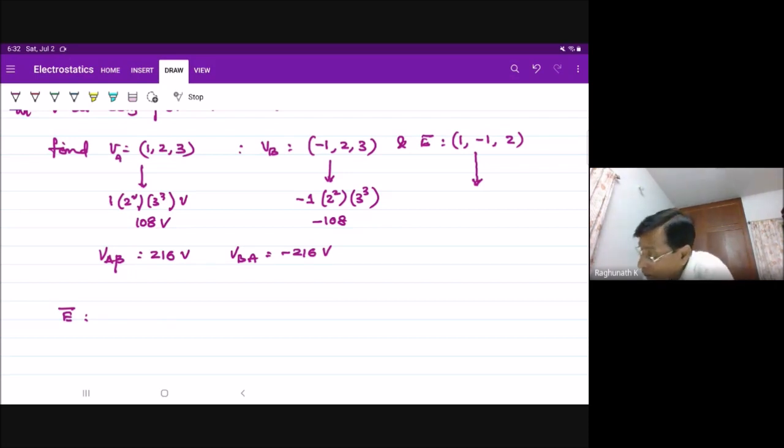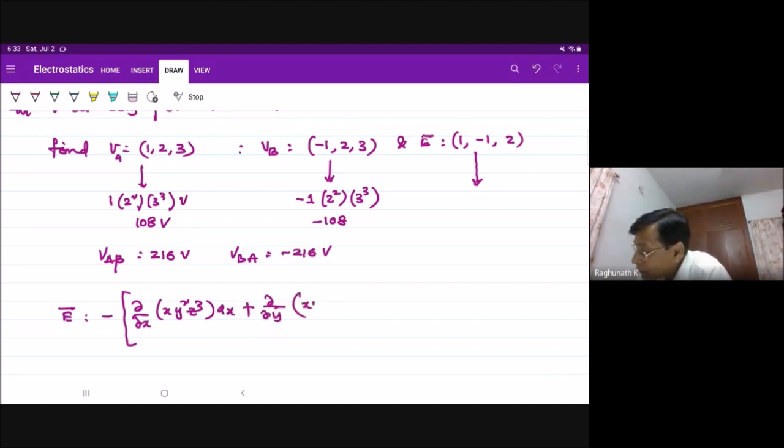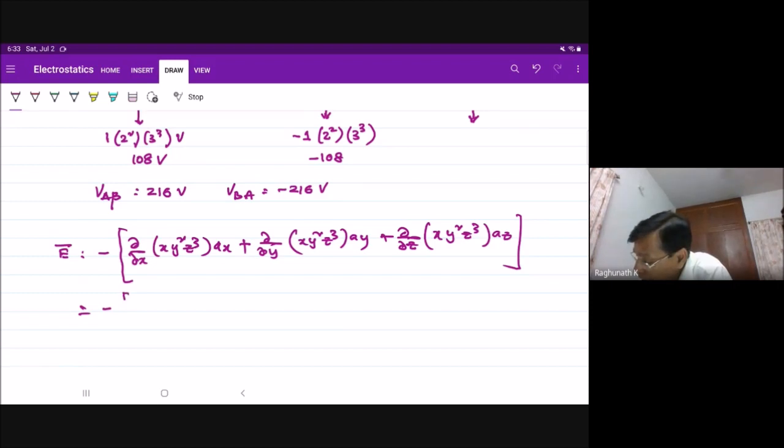E bar is minus of dou by dou x of x y squared z cubed ax plus dou by dou y of x y squared z cubed ay plus dou by dou z of x y squared z cubed az, which is equal to minus of y squared z cubed ax plus 2xy z cubed ay.